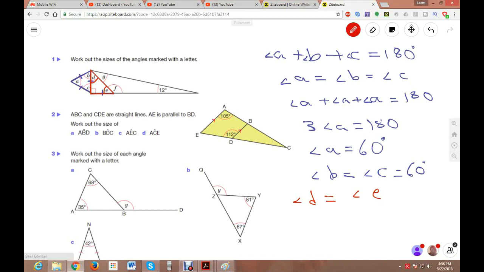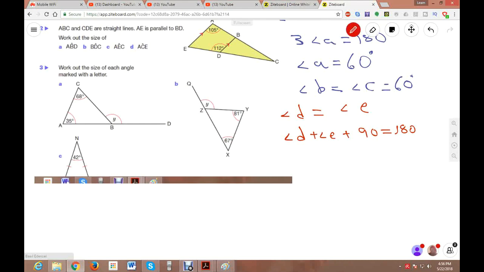So I can write that angle D plus angle E plus 90, the summation is always 180, and we know that angle D and E are same, so I can write angle D in place of angle E. This 90 will move to the other side, so it's going to be subtracted from your 180.